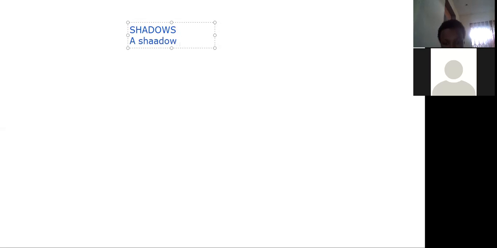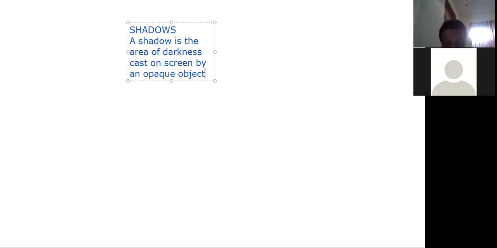A shadow is an area of darkness. A shadow is normally cast on a screen by an opaque object that is placed between a source of light and the screen.